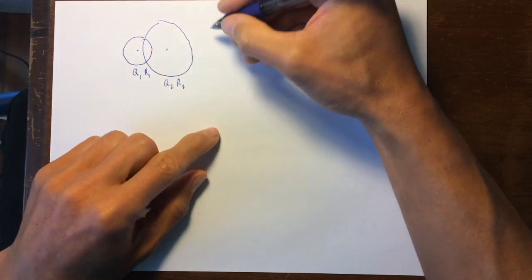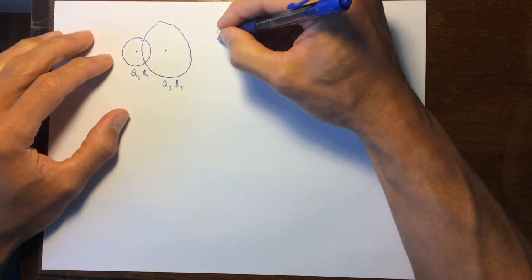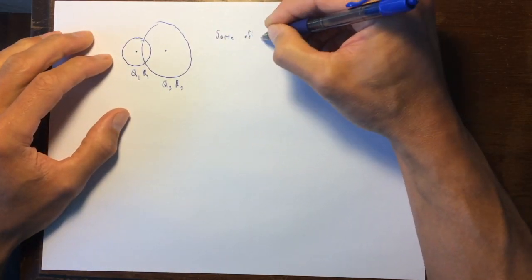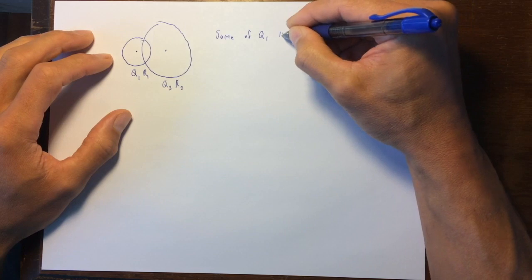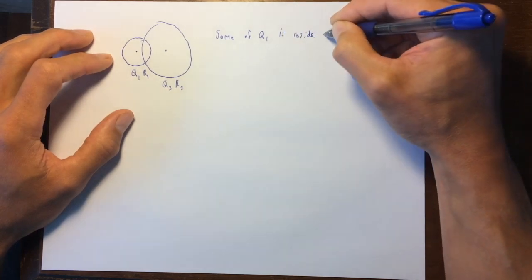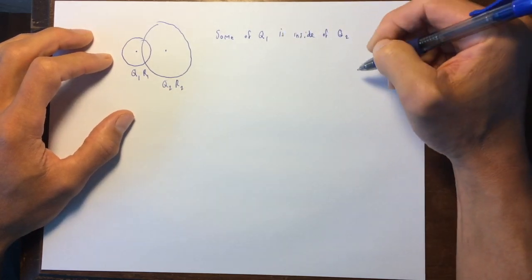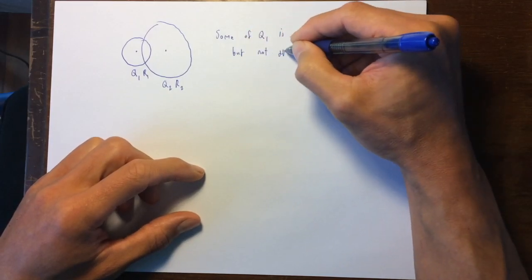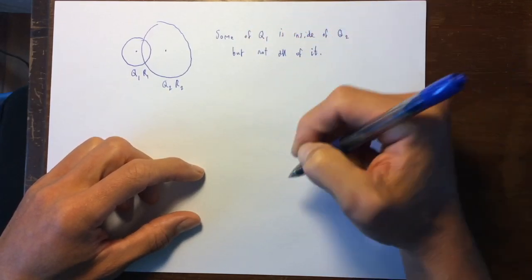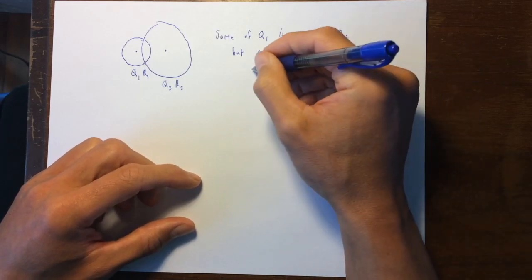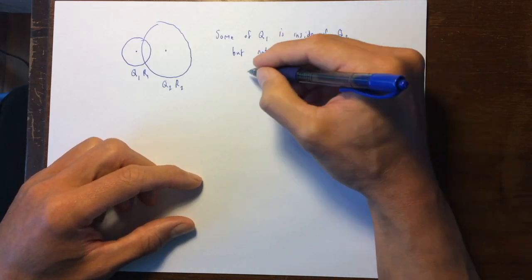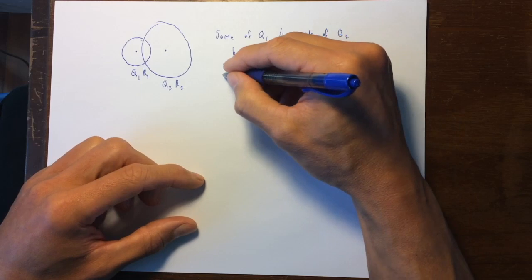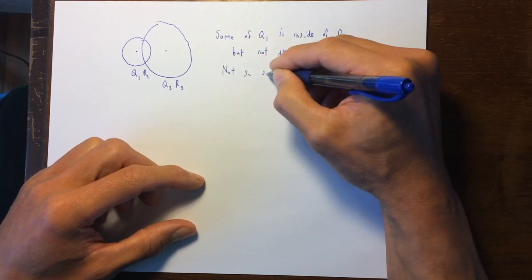In this case, some of Q1 is inside of Q2, but not all of it. So this is not so simple.